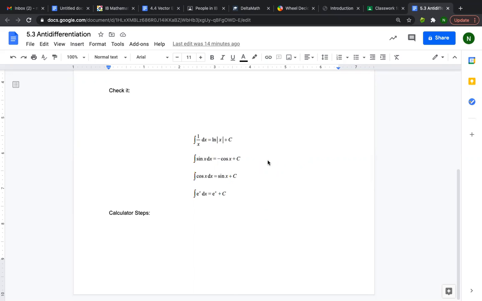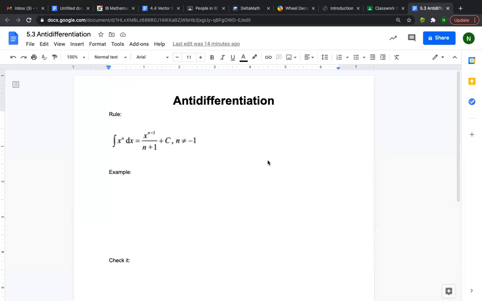I don't want you to necessarily become too dependent on that, because remember, one portion of your test is going to be without a calculator. So you need to reinforce this skill without that calculator, but it's a good way to check your work as well.